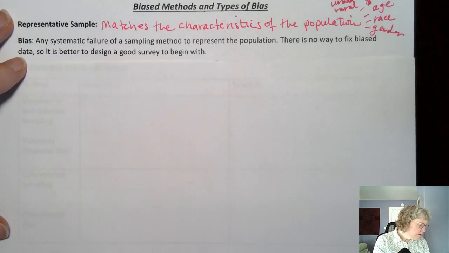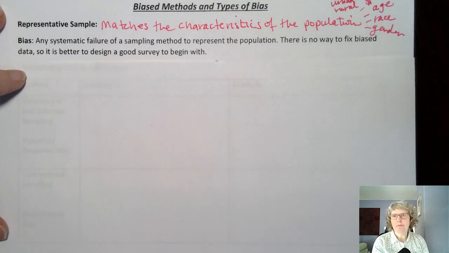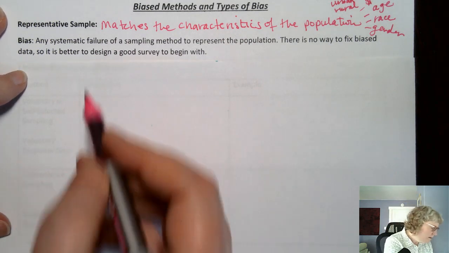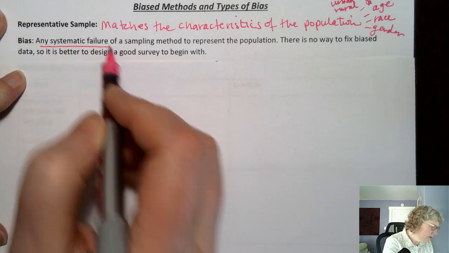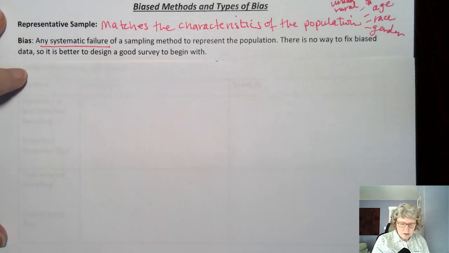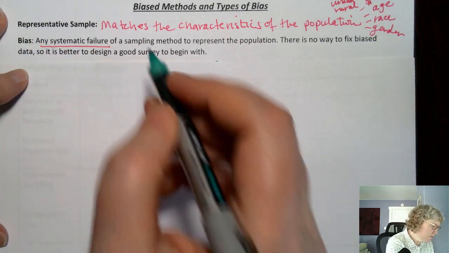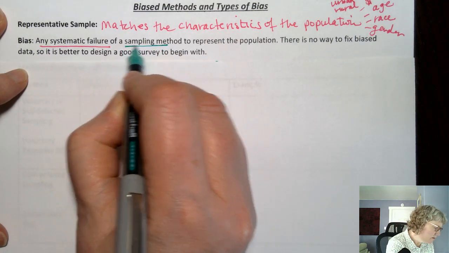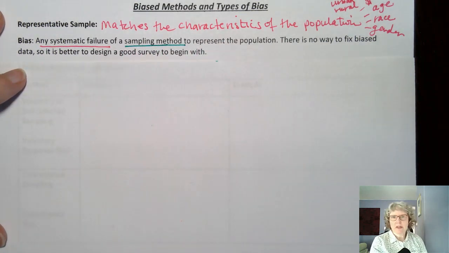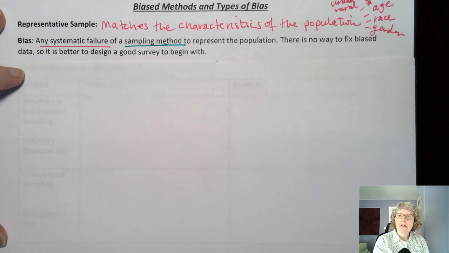And bias, which we're going to talk about in this video, are the bad methods of sampling and the biased methods and some other types of bias. So bias is any systematic failure. It could be a failure somewhere in the sampling method. So it's a failure to represent the population. And there's no way to fix biased data.